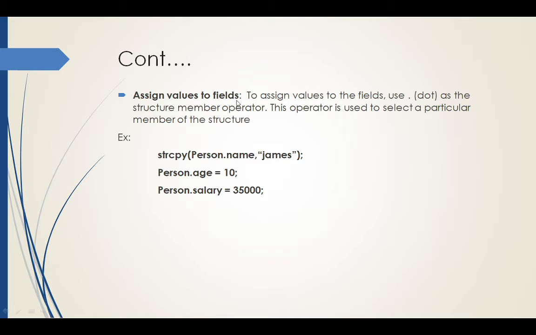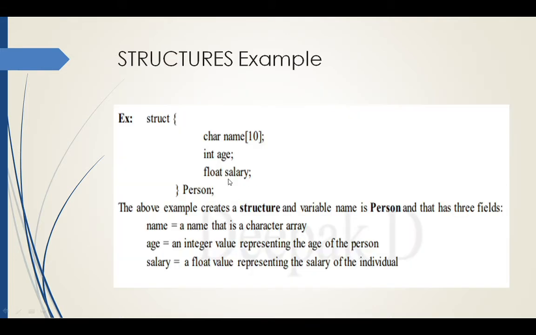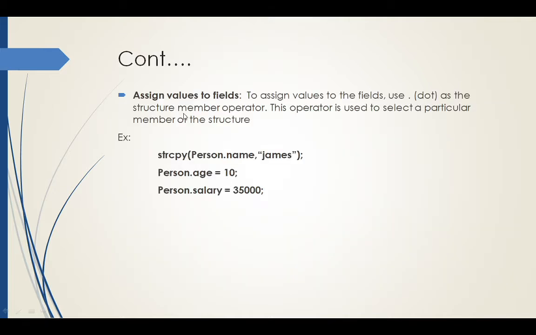To assign a value to the fields: in the last slide you had seen the declaration of the structure variable, which is a collection of different data elements. Next, if you want to assign a value for these structure members, you make use of the dot operator. To assign the values to the fields, use a dot as the structure member operator.